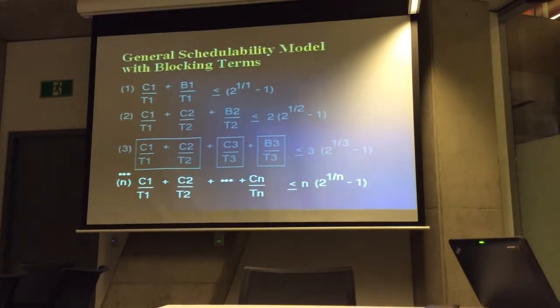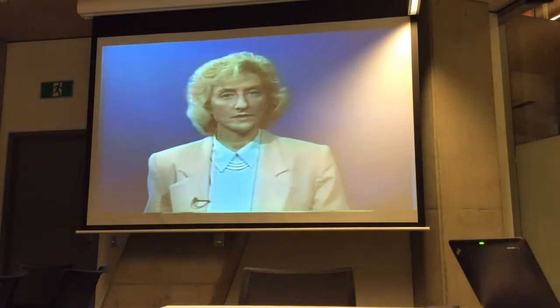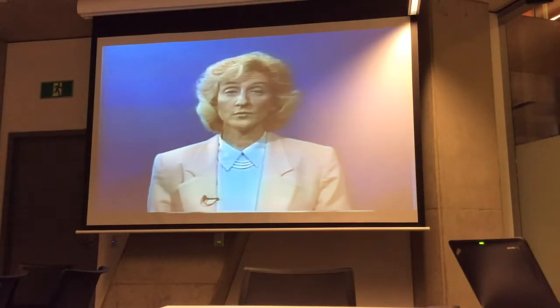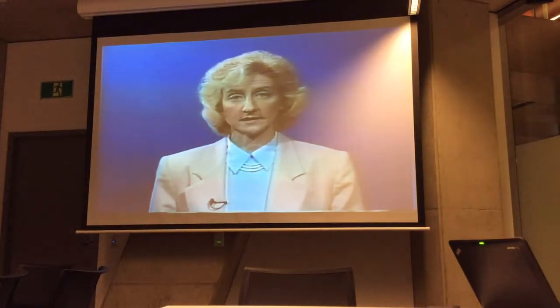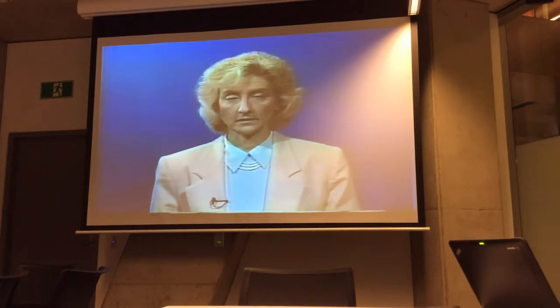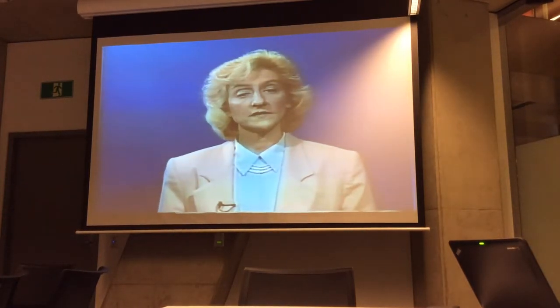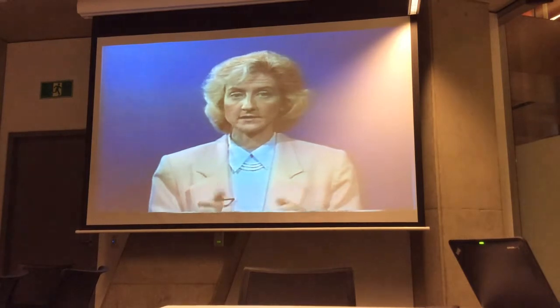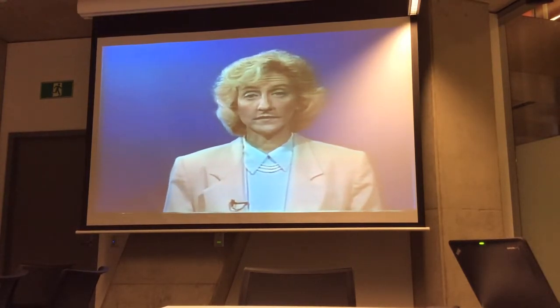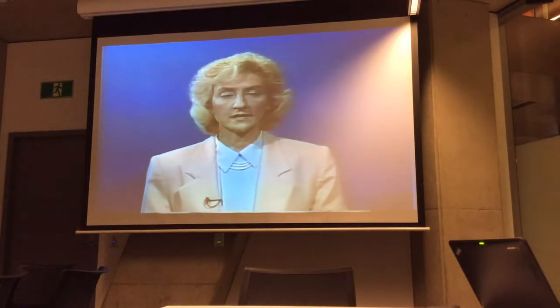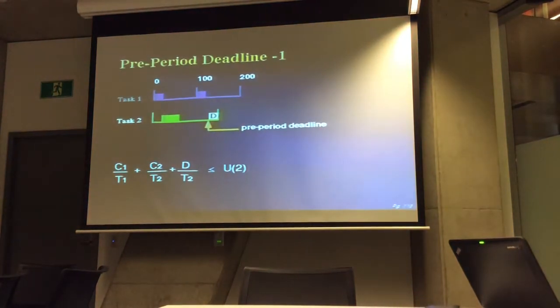Once you understand the principles, there are often many different ways to address the same problem. A few minutes ago, I talked about handling a task with a deadline before the end of its period, a pre-period deadline, as something that you might think of as having a shorter period than it really does. Another way of thinking about it is to assign its priority based on its actual period, but treating the amount of time prior to the end of its period by which the task must be done as being a kind of blocking factor.